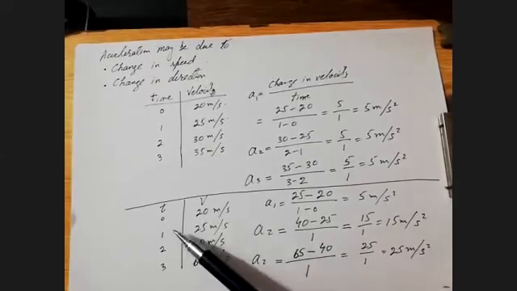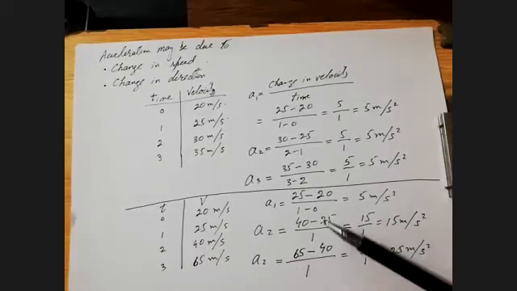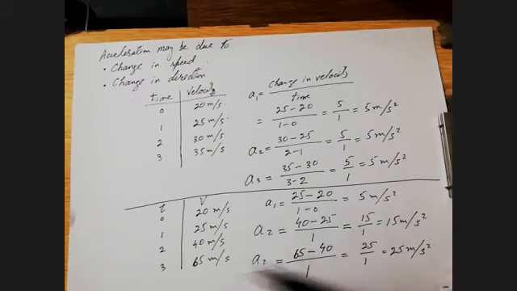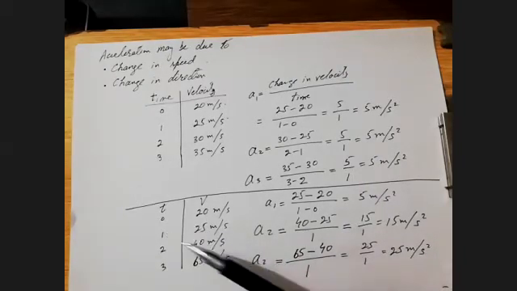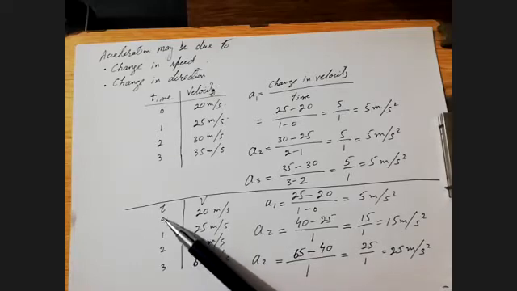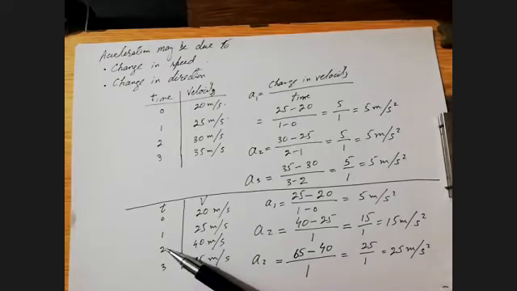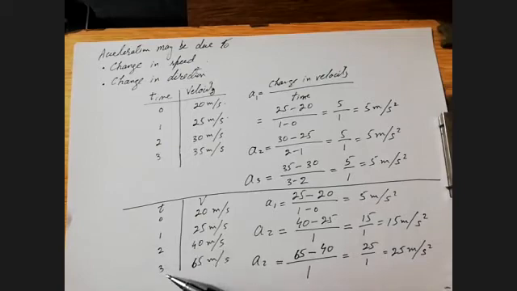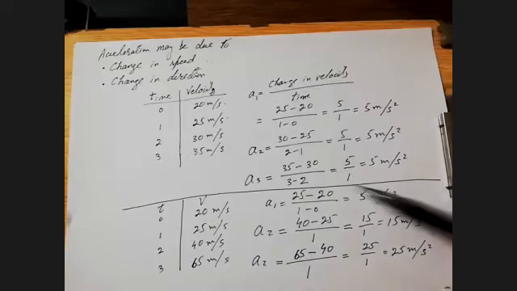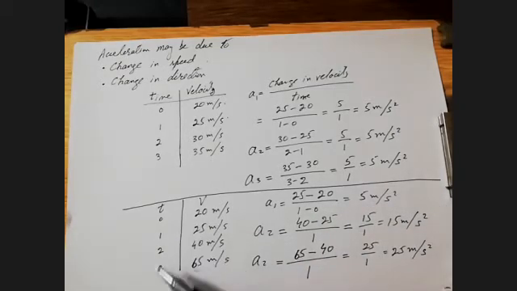Now here you can see that for each equal interval of time, the change in velocity is different. During 0 till 1 second, the change in velocity was 5. From 1 till 2 second, the change in velocity was 15. From 2 till 3 second, the change in velocity was 25. So for each unit time, the change in velocity is different. So here we can see that the acceleration is not uniform from 0 till 3.